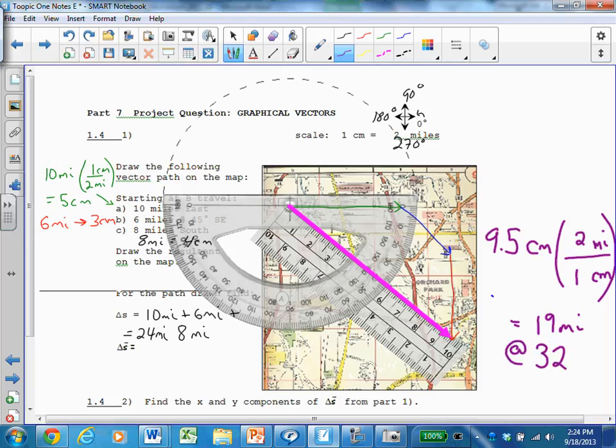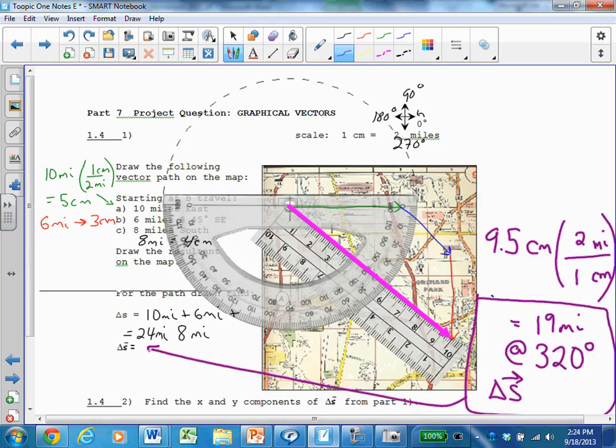That is the delta S. That's the displacement. Yes, that's right.